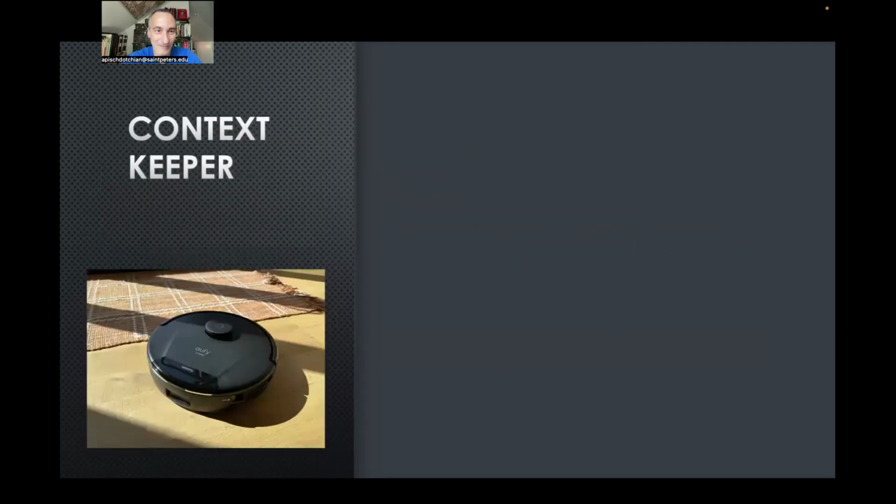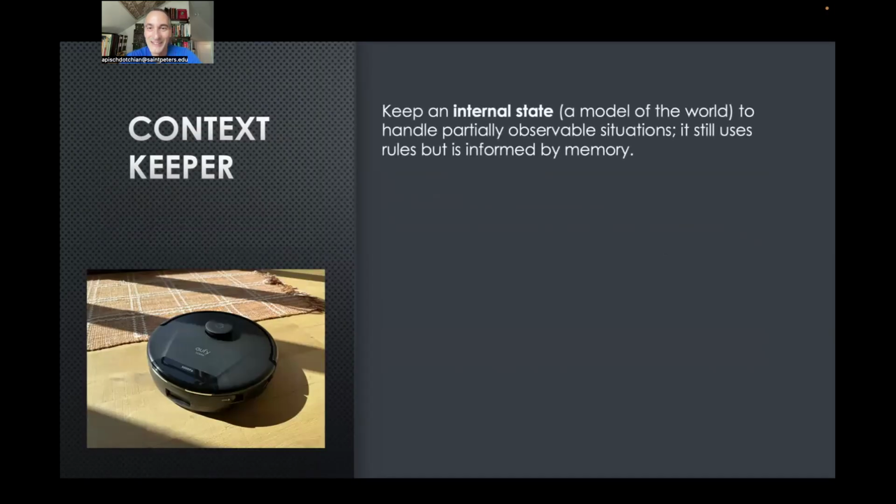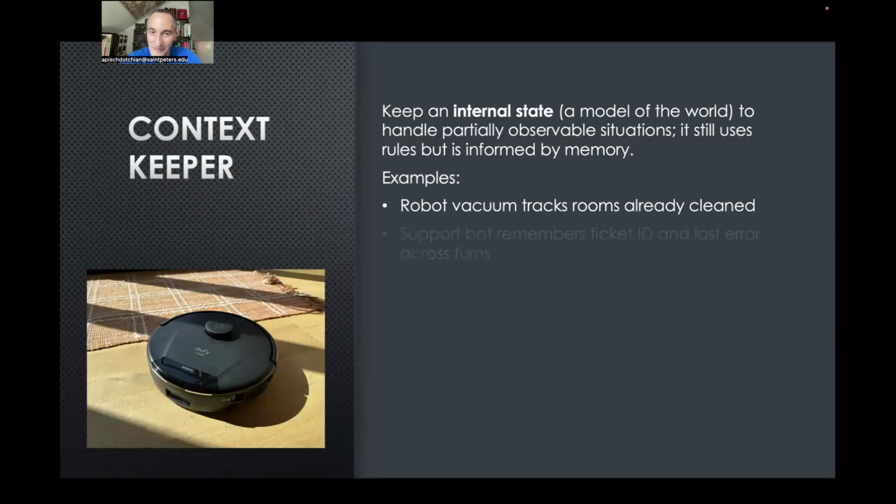Moving on. Context keeper. You can already tell an example from that image. Keep an instant state, a model of the world to handle partially observable situations. It still uses rules, but it is informed by memory. For example, the robot vacuum, it tracks rooms that are already cleaned, so it doesn't clean what it has gone over.